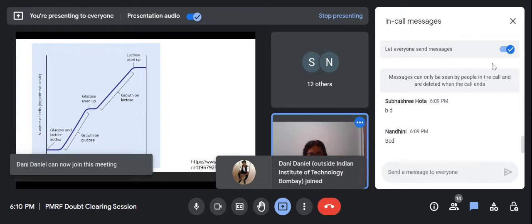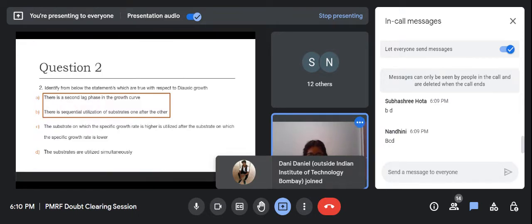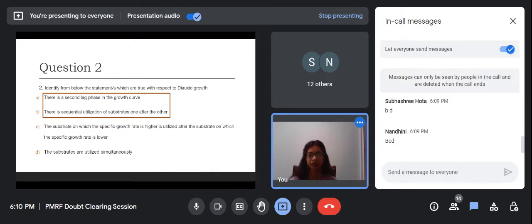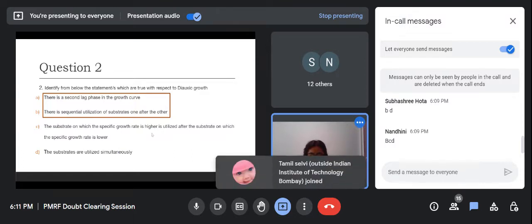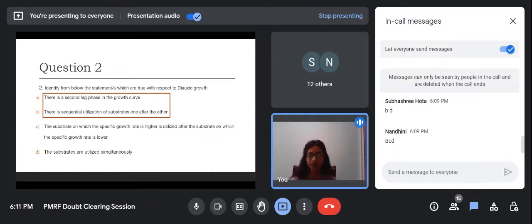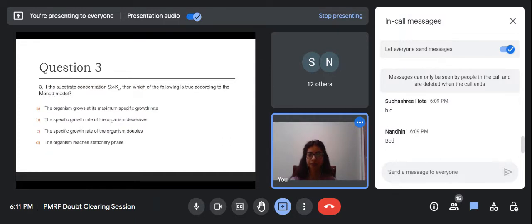So the correct answer in this case is A and B. The specific growth rate in this case is not exactly useful. It's not a reason why the cells are taking these nutrients at different times, and the substrates are obviously not utilized simultaneously. So C and D are not the correct answers.